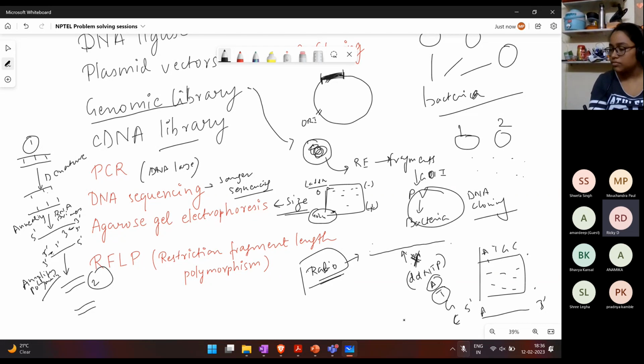The sequencing once more, in short. In Sanger sequencing, you take your DNA fragment and make four different PCR mixtures, but instead of adding your normal nucleotides, you add DDNTPs, where at the 3' end the OH group is missing. So you have four types of DDNTPs, A, T, G, C, and in one mixture you add this, in the second mixture this.